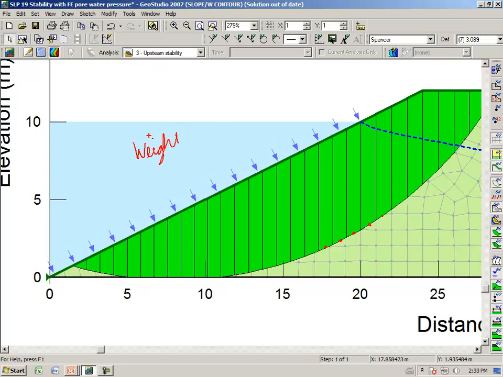From the SEEP/W analysis, SLOPE/W took a look at what is the pressure here at the top of the slice, and it determined that the pressure here is positive, and consequently SLOPE/W says, oh, in that case there must be some water weight on the slice. So even when the pore water pressures come from a SEEP/W analysis, the weight of the water that is impounded on the slope automatically gets included in the analysis.